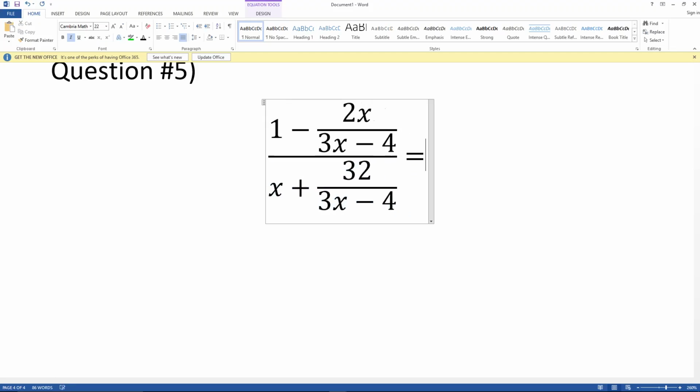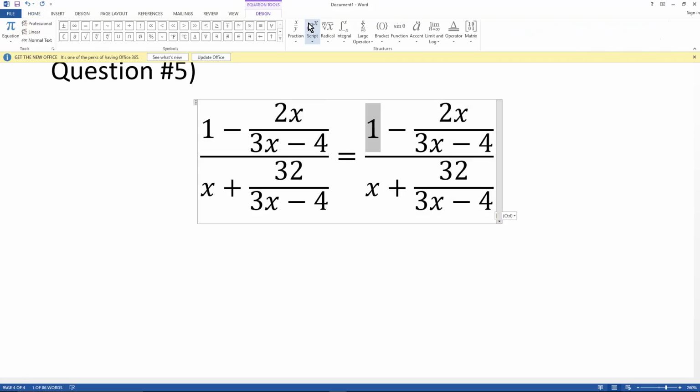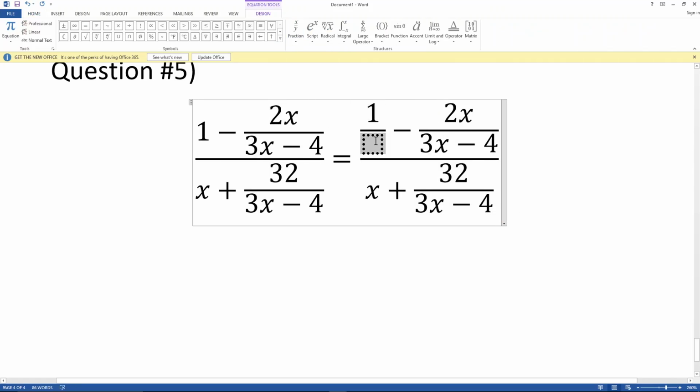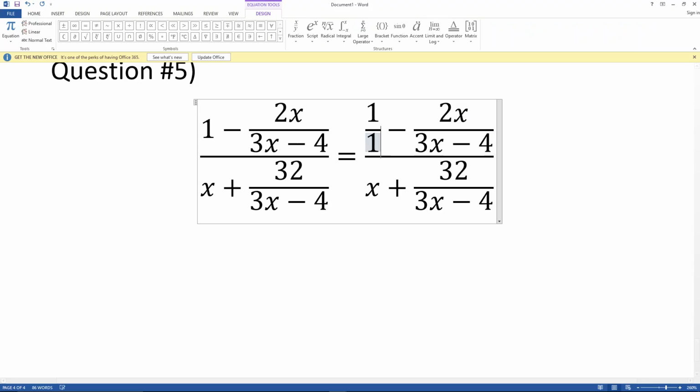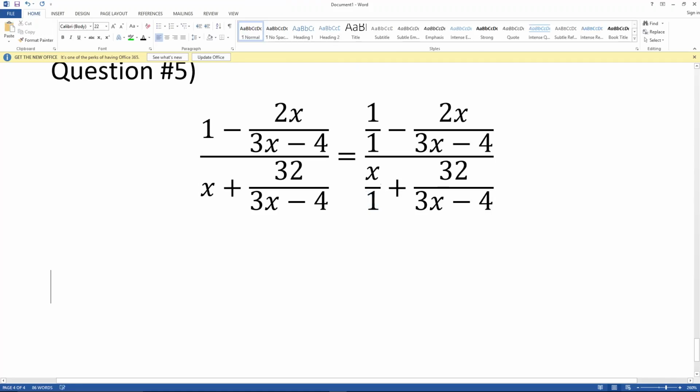So I'm just going to rewrite it first by making that 1 into a fraction by saying 1 over 1. And then making this x into a fraction by saying x over 1. So I really didn't do anything but just put it over 1.